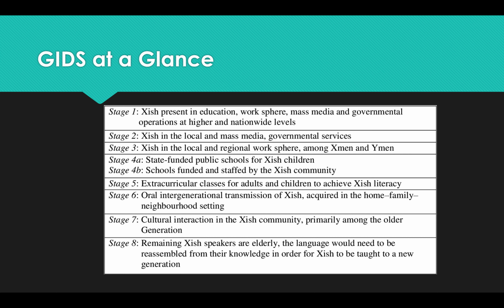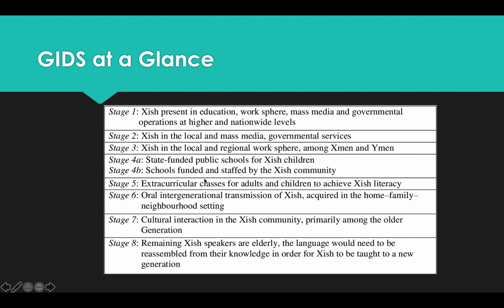This is by no means the most important part of language revitalization, but it gives us a place to look at and think about, if our ultimate goal is fluency for all members of a particular cultural group in their endangered language, what kind of things need to happen to get there, and in what stages it makes sense to do it. So if, say, your language community is at a 7, then you understand that to get to stage 6, we need to make sure that the language is being transmitted and acquired in the home across different generations.